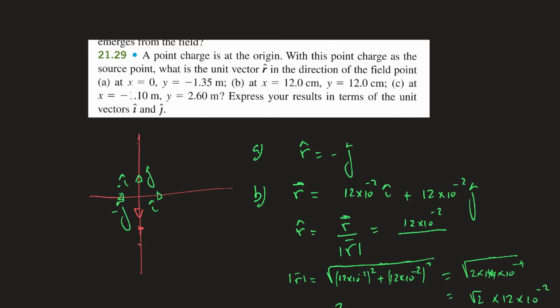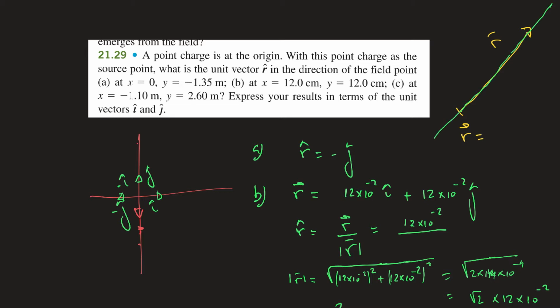Next problem is 2129. It's a very easy problem that I want you to be sure that you know how to do it. Any vector r can be written like this. You see this direction, this is the direction of the vector r.